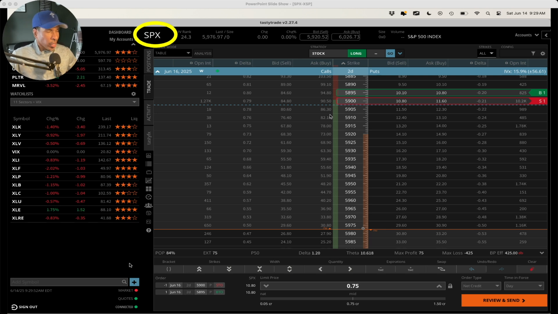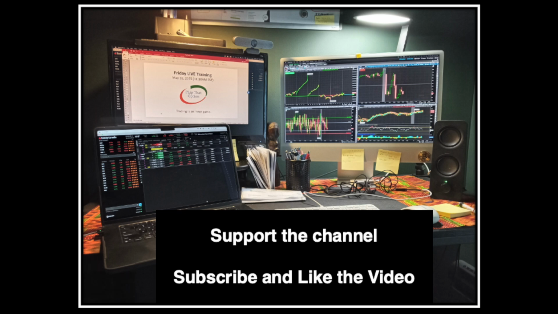So we're looking at a hypothetical trade here, right? Putting on a put credit spread where the short strike is at 5,900, the long strike is at 5,895. So we can look at the delta, and the delta gives us a quick thumbnail approach of determining the probability of the value of SPX. Let me pull up my pointer here.